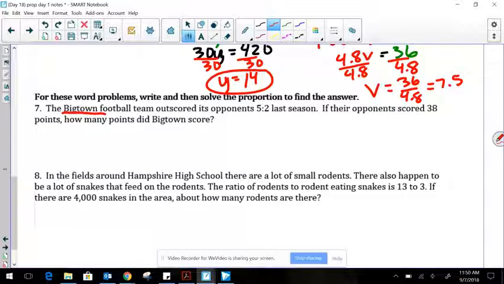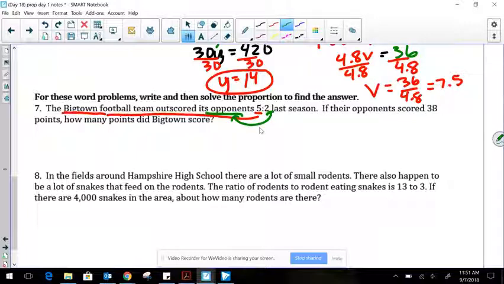All right, second one is the opponents. We don't know their names, but that's fine. So then they give us this ratio, the 5-2. So the first number in the ratio, the 5, goes with the first team they talked about. Then the 2, the second number, goes with the second team they talked about.